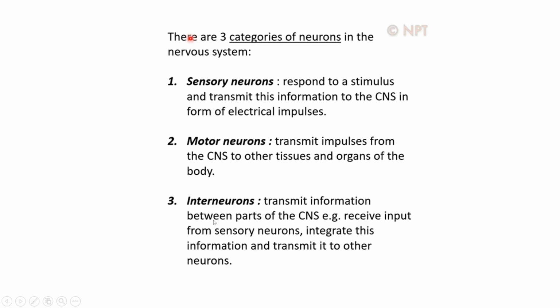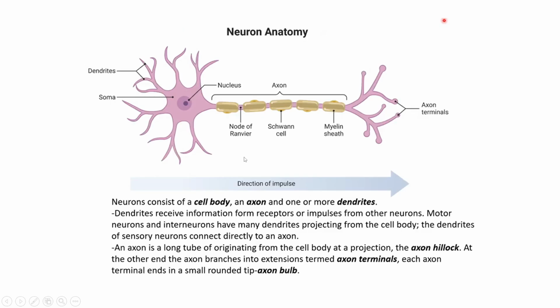Interneurons receive information from the sensory neurons and integrate it into other neurons. They collect the signals from the central nervous system and pass the message on to adjacent neurons. That is called the interneuron pathway.